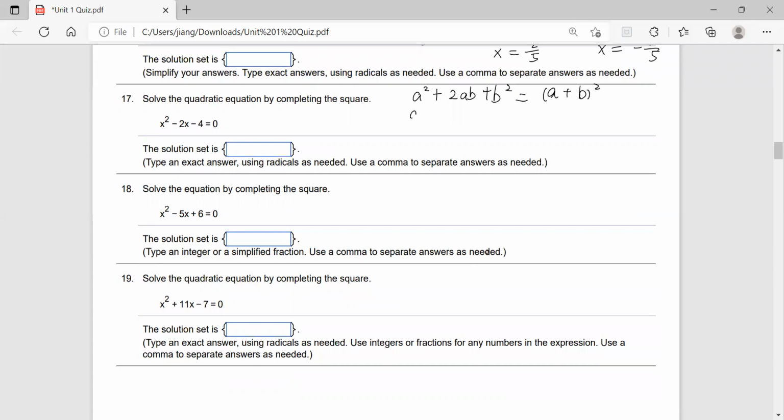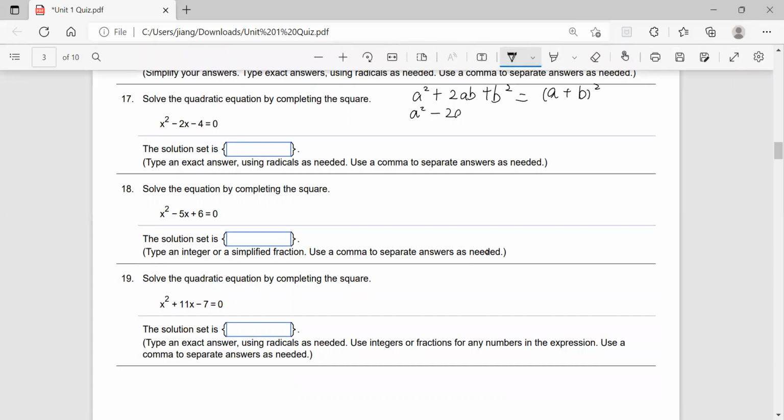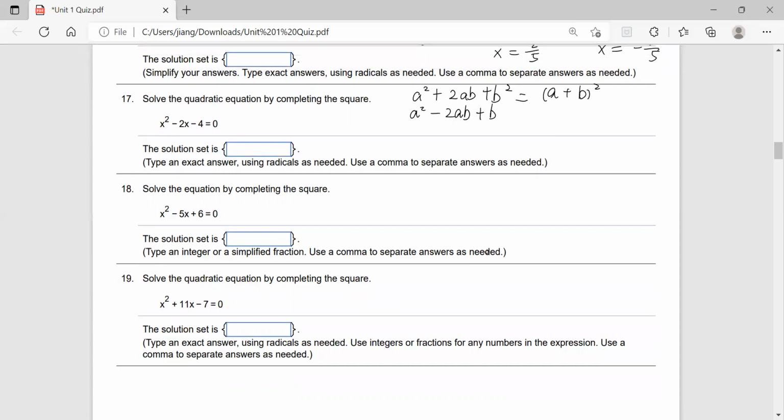And also, a squared minus 2ab plus b squared equals (a minus b) squared. So for this one, the first two terms mean I have a squared and 2ab. Can we construct a b squared and then make a perfect square like this?